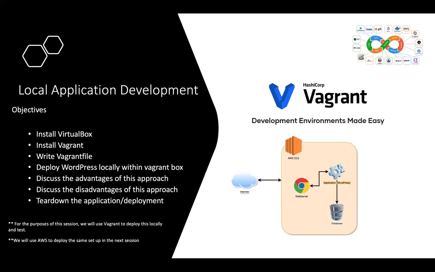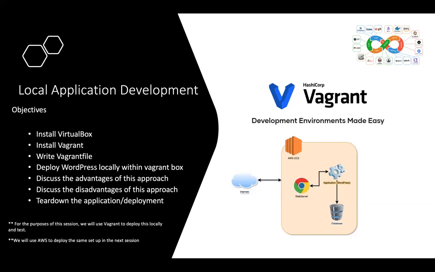Although we could use AWS EC2 to do the same, and the diagram here says EC2, we will first demo this locally, and probably in the next session we'll do this on AWS. That way, not everybody needs to sign up for an AWS account if you want to test this out yourself. I will just list out the steps here and go into a bit more detail in the next slide.